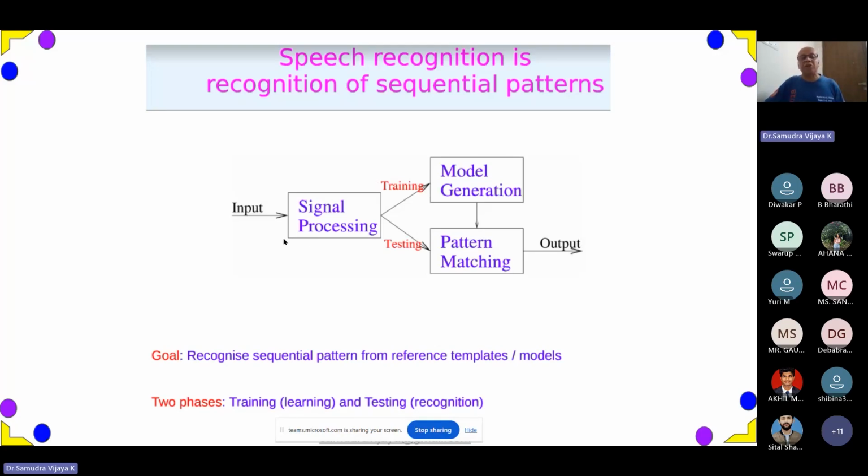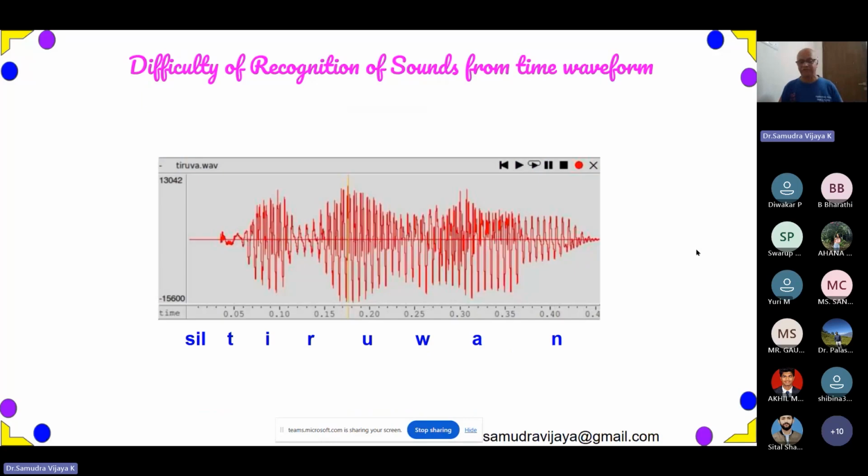That test speech also goes through the same signal processing, and then the feature of that particular short segment is matched with all the 40 or so sounds, or their models, and the output is the sequence of phones and the sequence of words. Now, if you look at this waveform, you can see that vowel E is from here to here, and vowel O is from here to here.